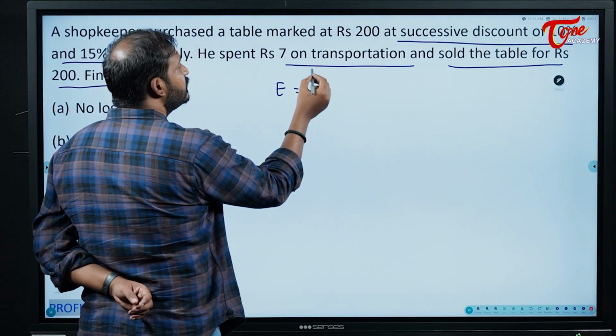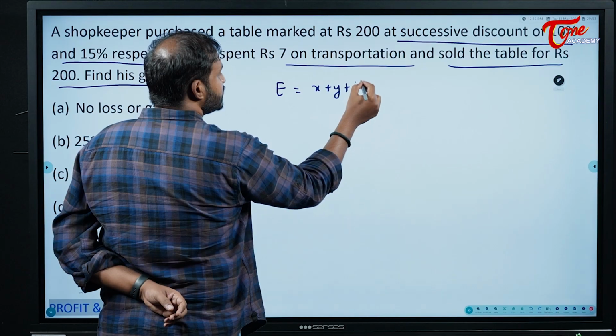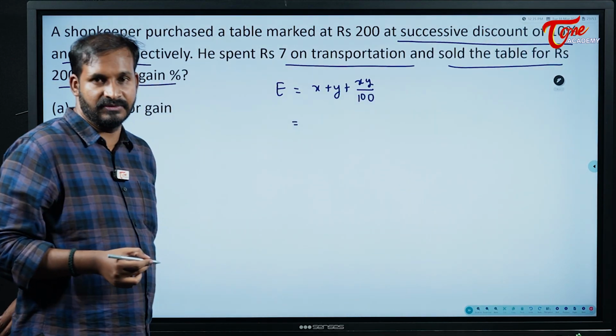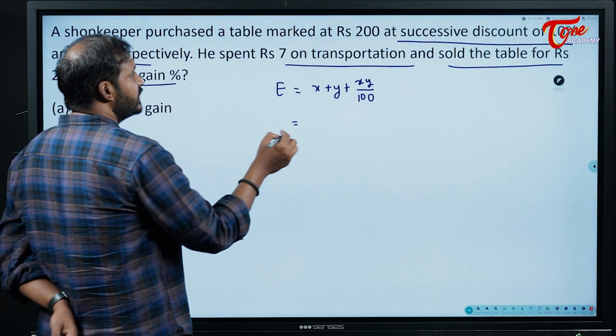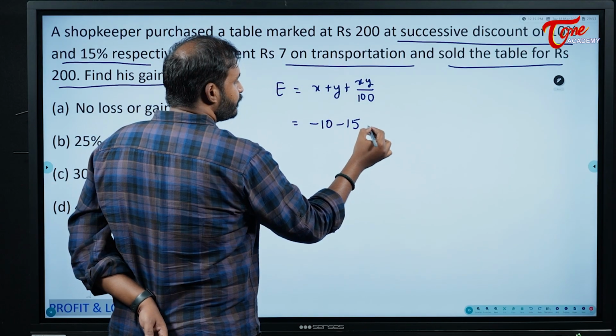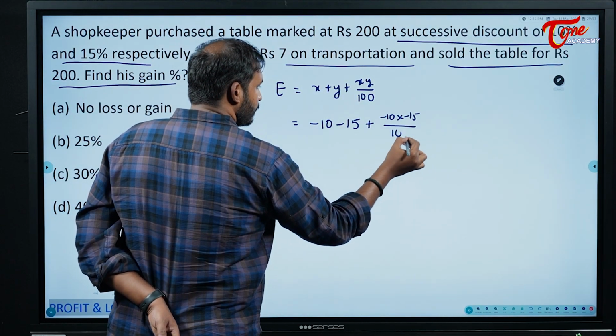Please observe here. We know the formula x plus y plus xy by 100. Successive decrements: effectively how much will it decrease? Initially 10%, so minus 10, and then the next 15%, minus 15, plus minus 10 into minus 15 by 100.